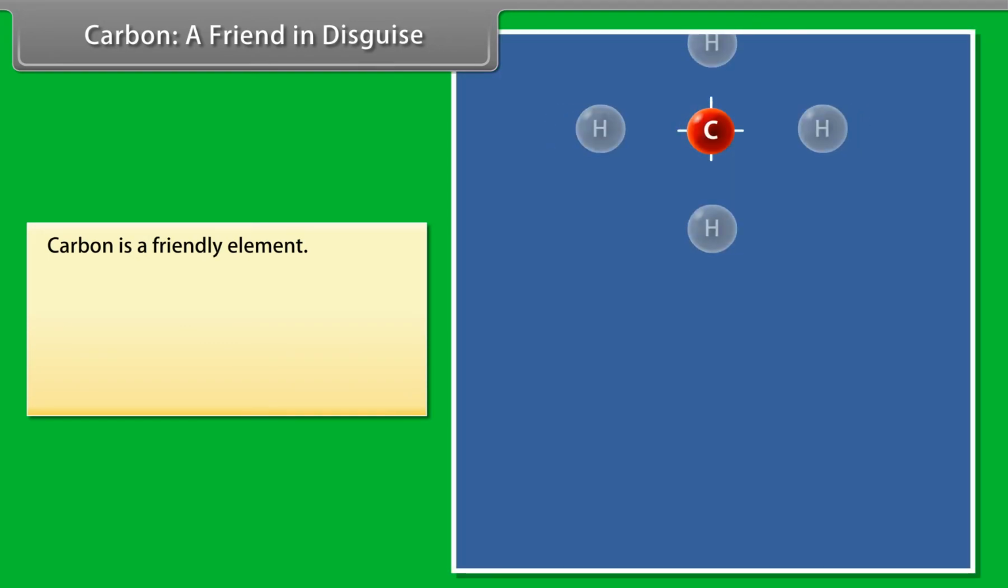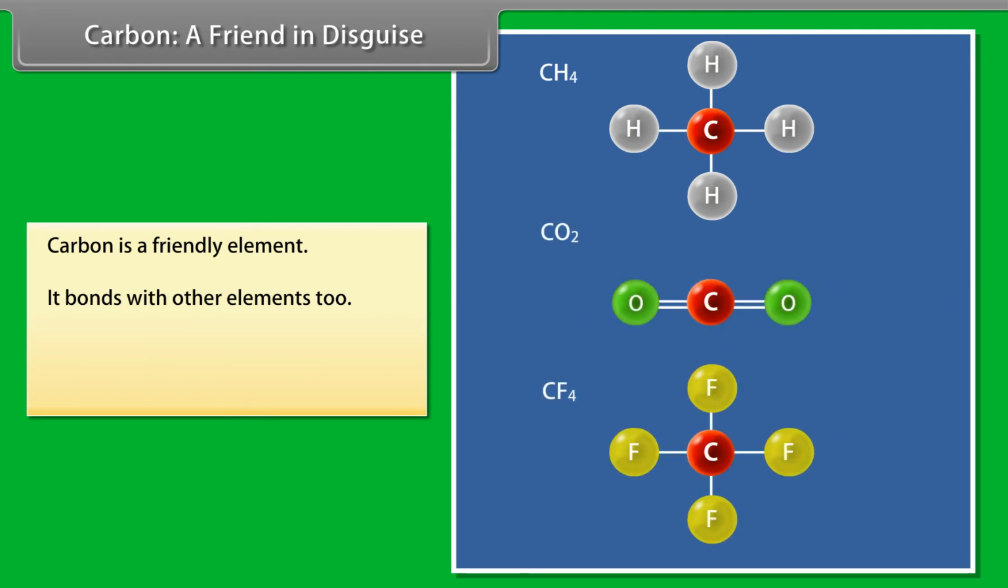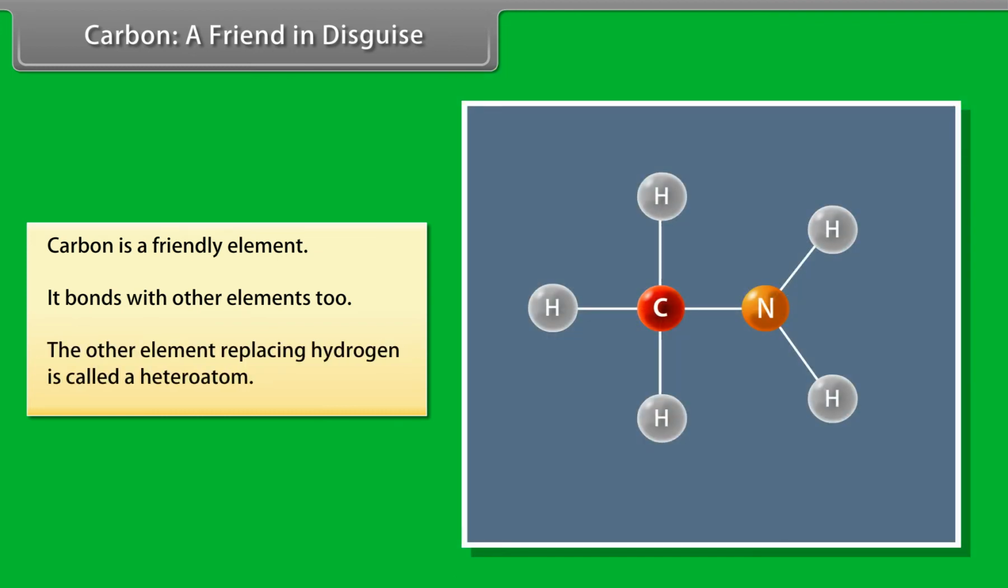It not only bonds with hydrogen, but also with other elements such as halogens, oxygen, nitrogen, and sulfur. The compounds are formed in the same manner as with hydrogen. However, instead of hydrogen, the other element is used, and this element replacing hydrogen is called a heteroatom.